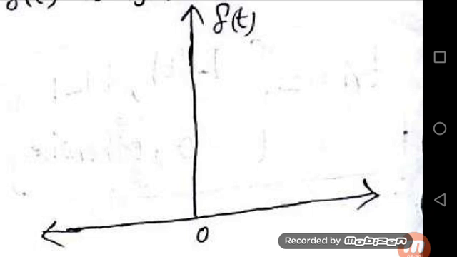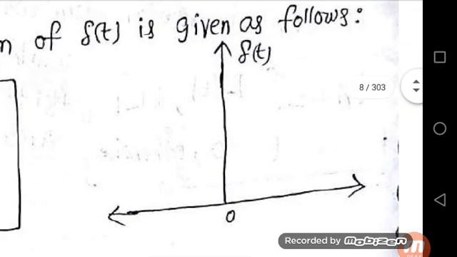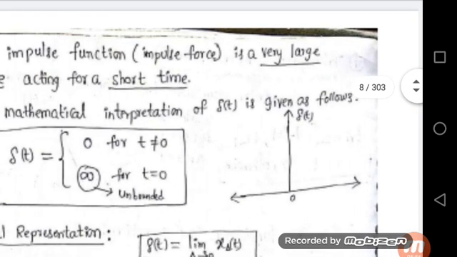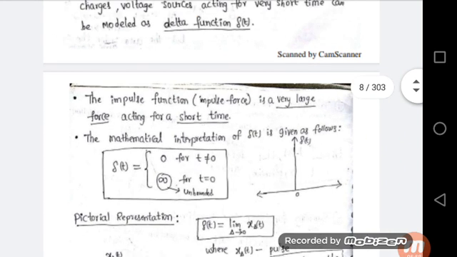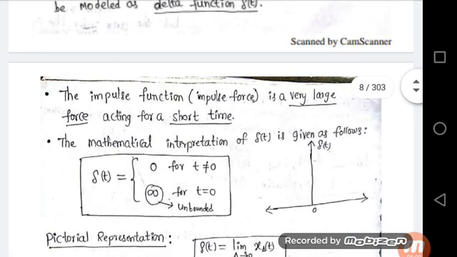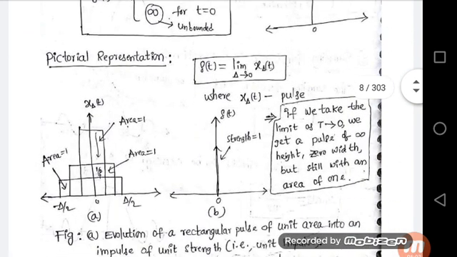It indicates 0 at every point. That is the main difference between other waves and impulse waves. That's why it indicates 0.